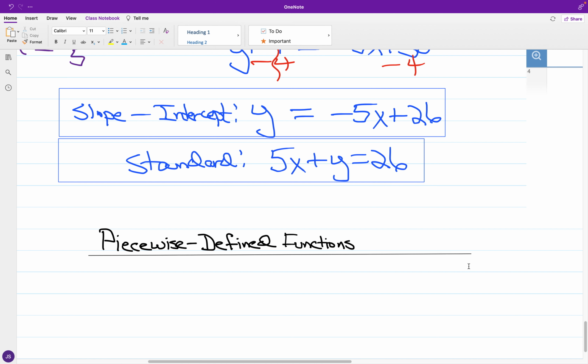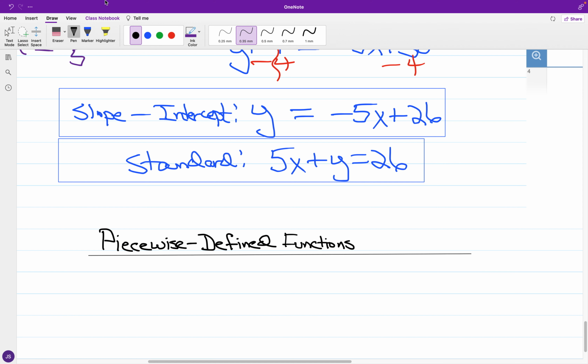Just like for piecewise defined functions, an example could be like tax brackets on a federal return.